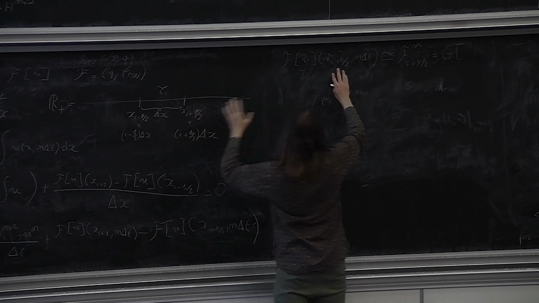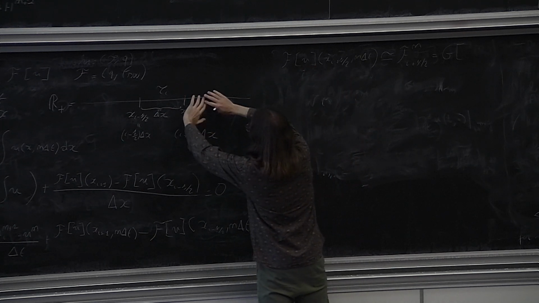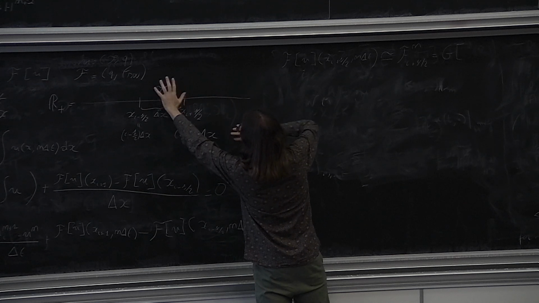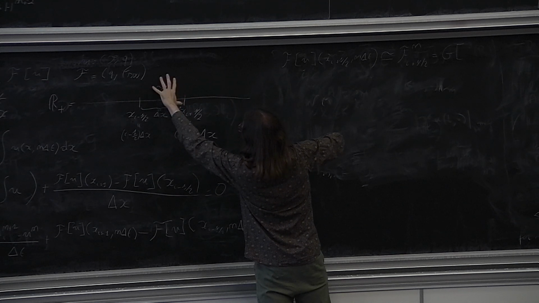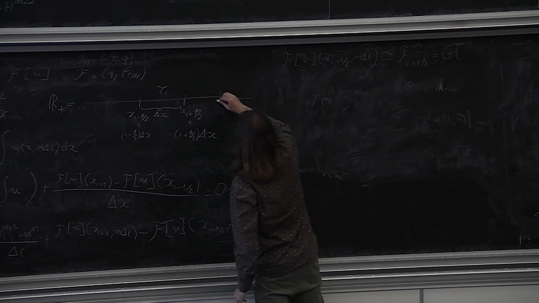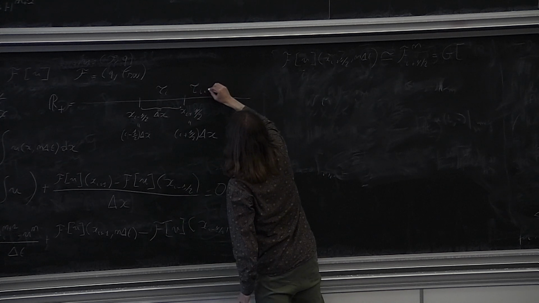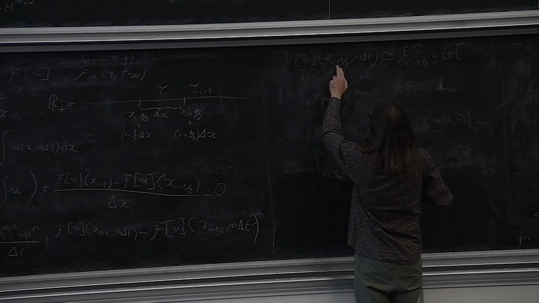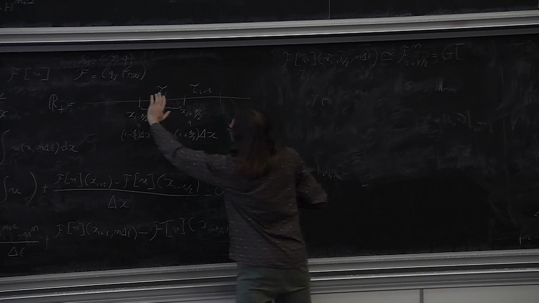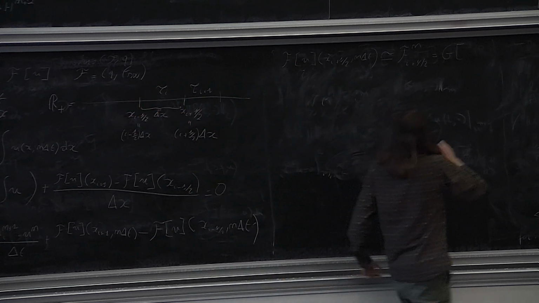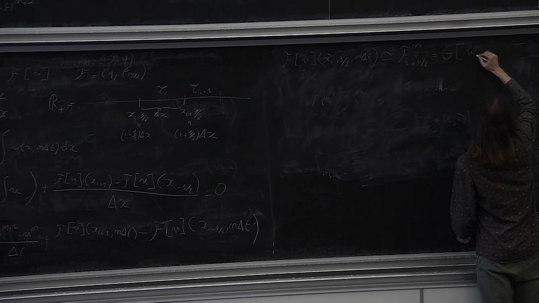I approximate this flux by one flux, which takes the value of u in this cell and u in the cell after. And if I change plus for minus, it's the same, but with the cell before.